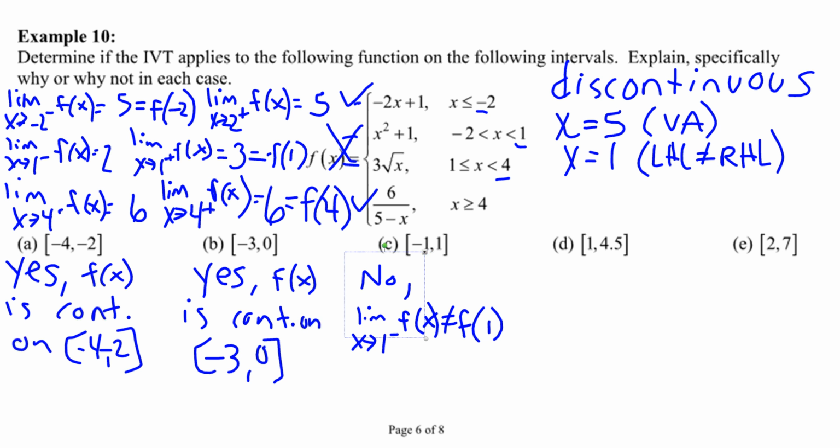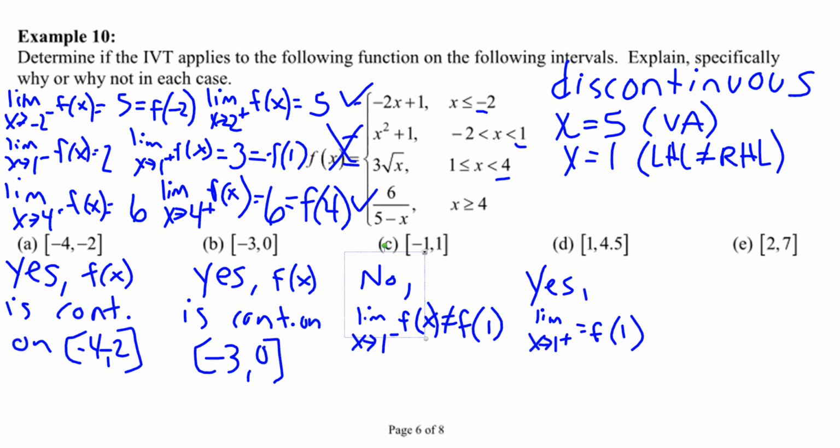Okay, that's a reason why it's not continuous at that endpoint. Now looking on the other side though, this would be yes, because on the other hand, the limit as x approaches 1 from the right equals the function value. So it's continuous at that endpoint coming from the right-hand side. So the IVT would apply in this case.